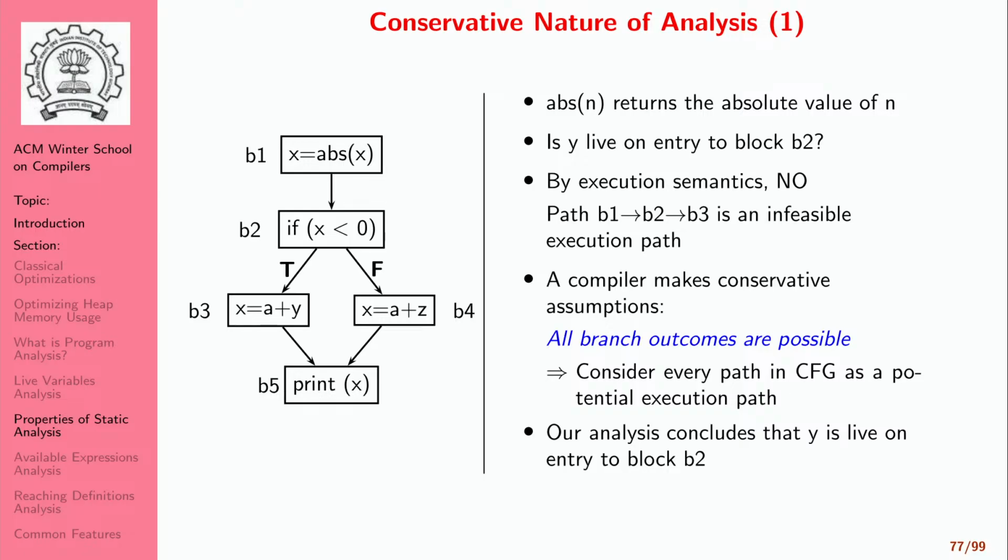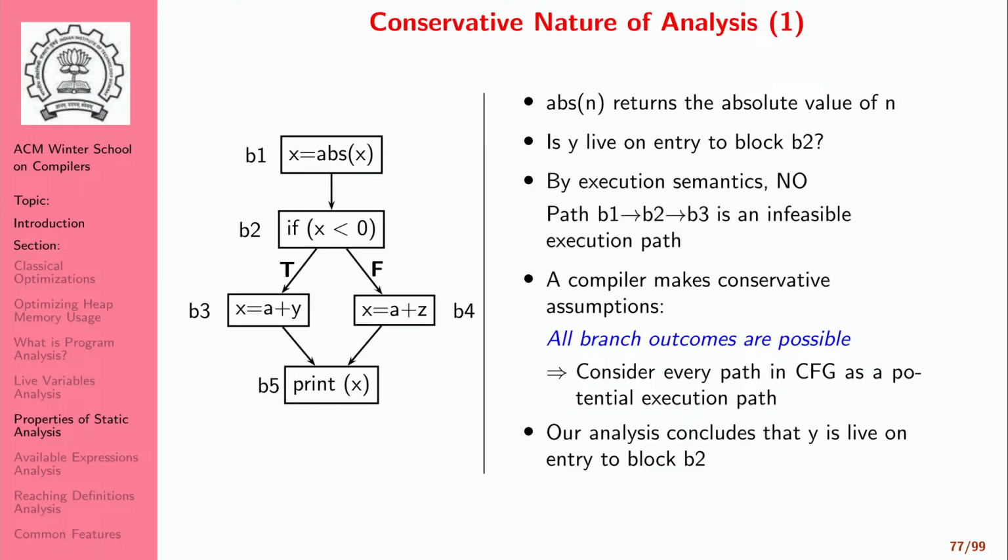Now there is a possibility of something called a path sensitive analysis. We are doing flow sensitive analysis. We can also think of a path sensitive analysis where the data flow values along different paths are kept separate. As you can imagine, that's very expensive, because the number of paths could be exponential in the number of conditions in the program.